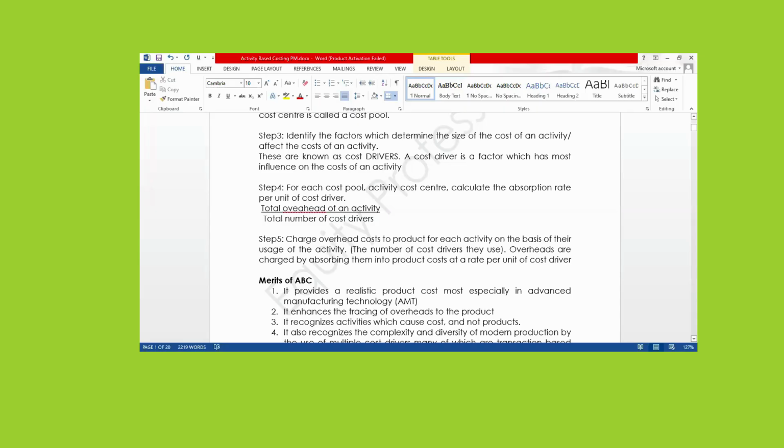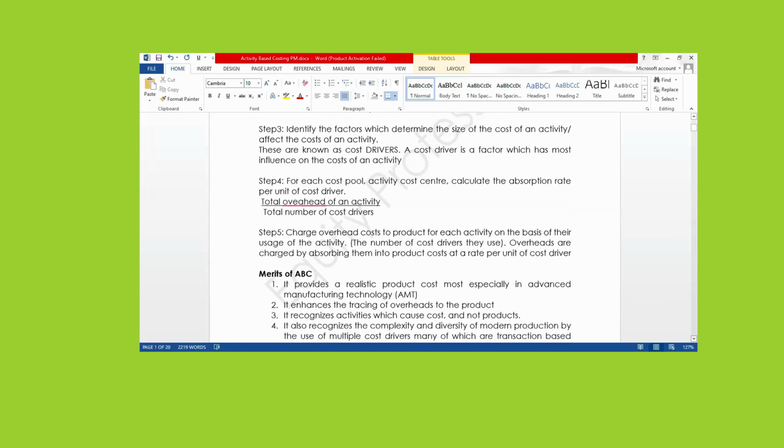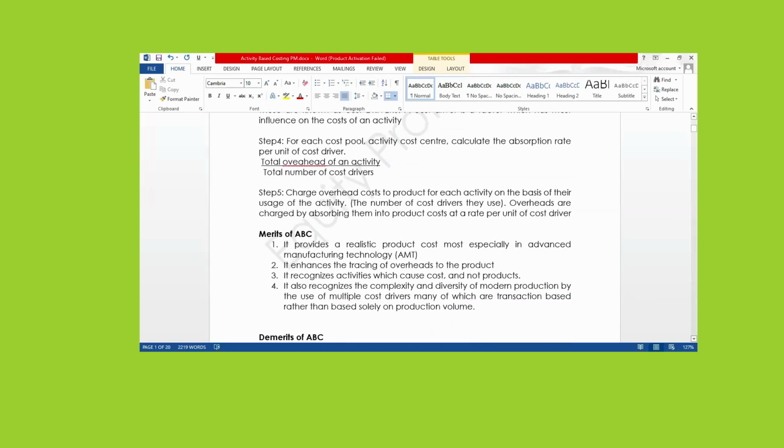Number 2, it enhances the tracing of overhead costs to the product. Number 3, it recognizes activities which cause cost. The activities that created the cost, not the product.